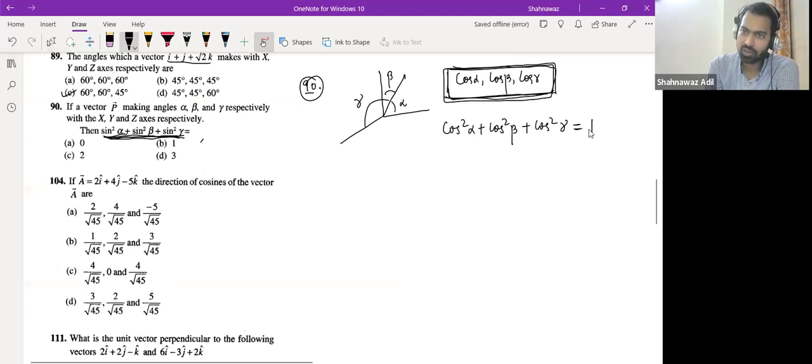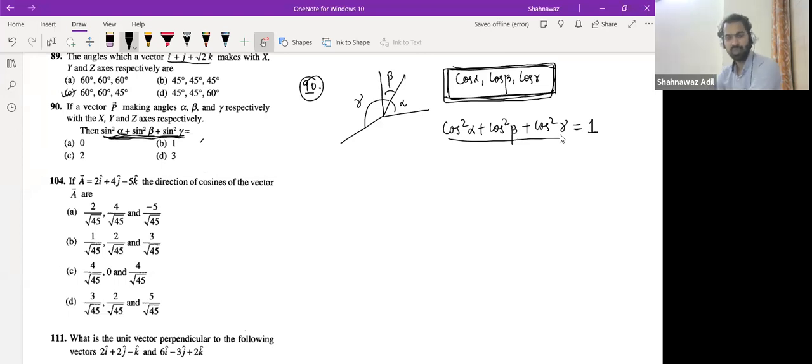And how can we get sine square alpha, sine square beta, sine square gamma from these values? Just remember the trigonometric identity. So what is cos square in terms of sine square? Yes, 1 minus sine square, correct.